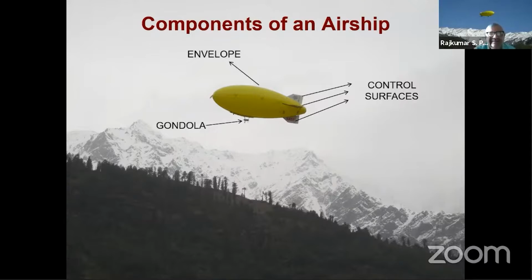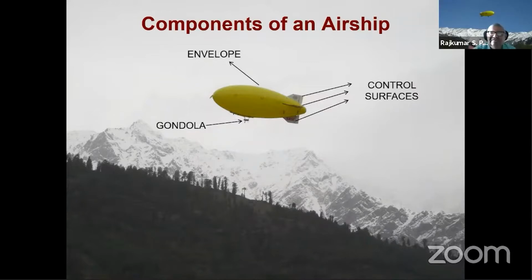Correct? But in the case of airships, the gondola is so small compared to the large envelope. Excellent. And of course, a young lady mentioned in the beginning that there are no wings. Yes, that is also true, because airships don't need wings because they generate lift by buoyancy.